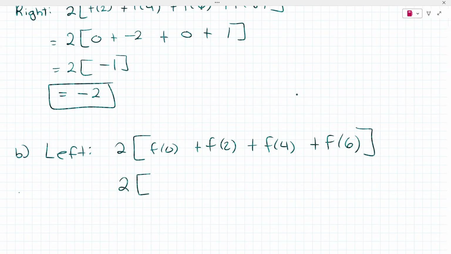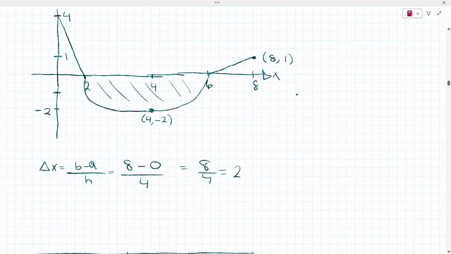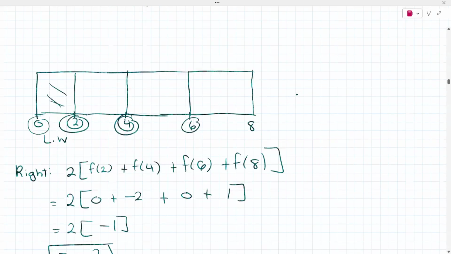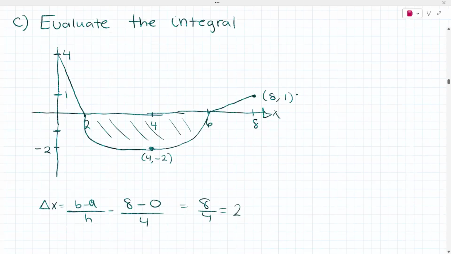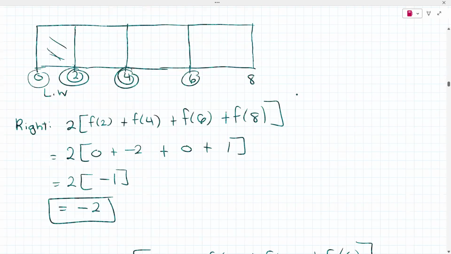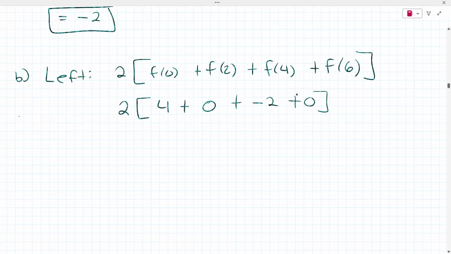So that's 2, and then f of 0 is 4. F of 2 is 0. F of 4, whoops, f of 4 spits out negative 2. And then f of 6 spits out 0 as well. And then 4 plus 0 plus negative 2 is positive 2, times 2 equals 4.